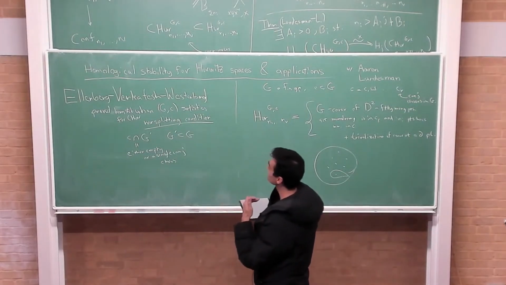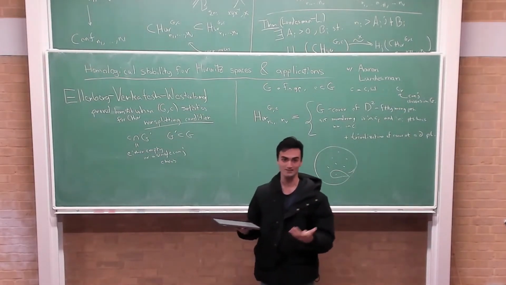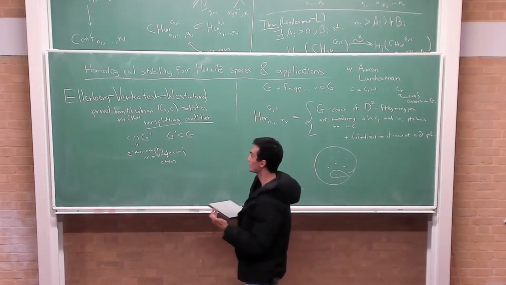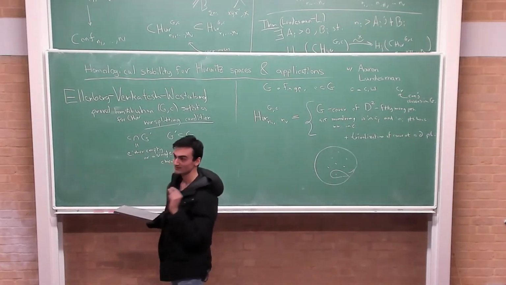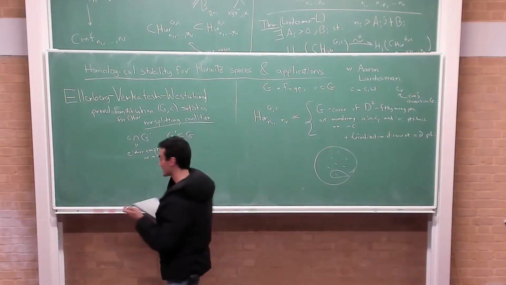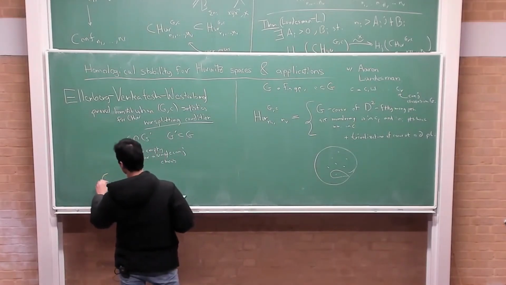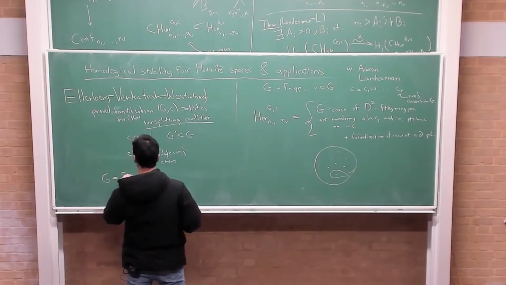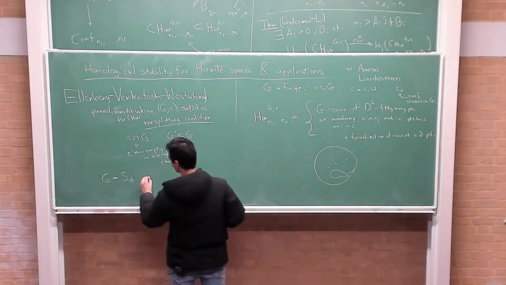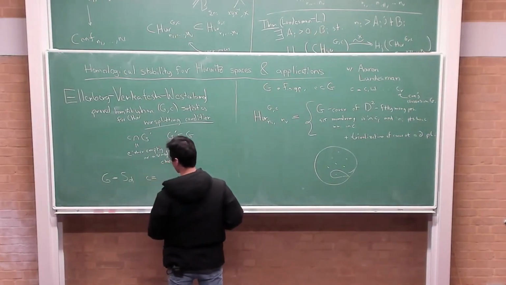So for example, the most classical kinds of Hurwitz spaces are the Hurwitz spaces of simply branched covers. And so that's the example when G is the symmetric group on D letters, and C is the transpositions.